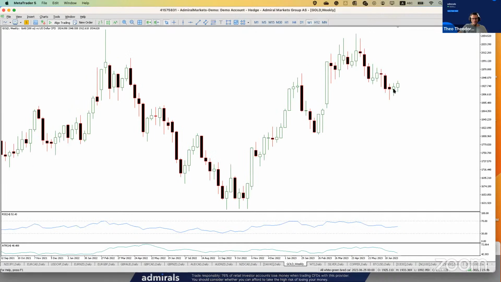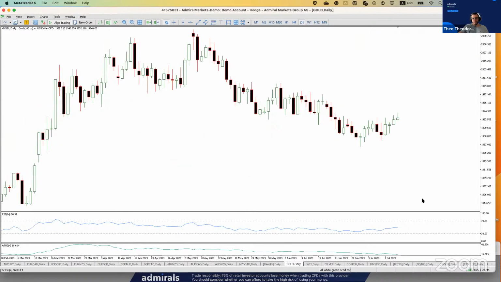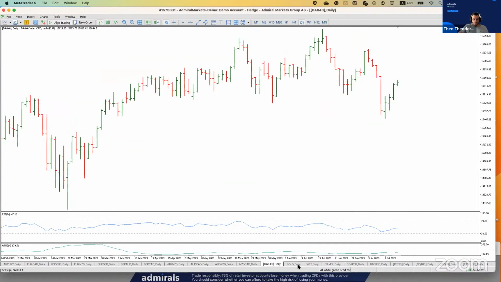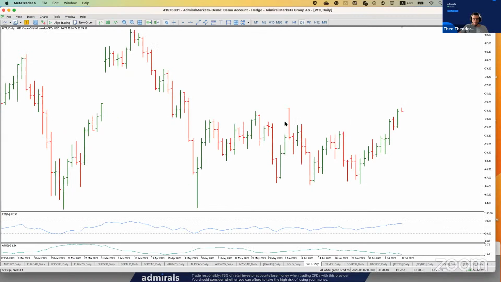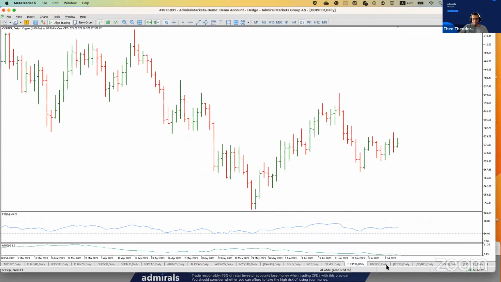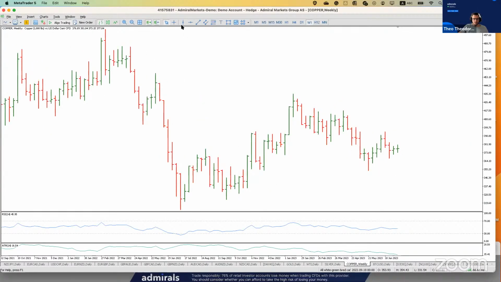Weekly chart on silver. Nothing daily. Nothing. DAX, we leave it for later. WTI is trying to break outside of this congestion area. Copper. Mr. Copper, what's going on here? So on the weekly chart, it looks like a downtrend is intact.